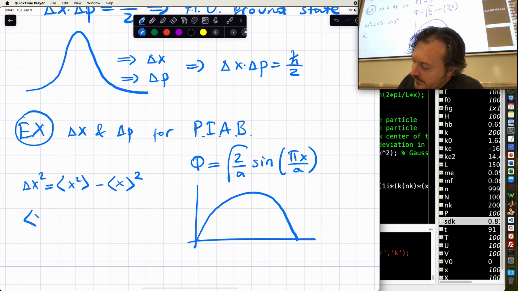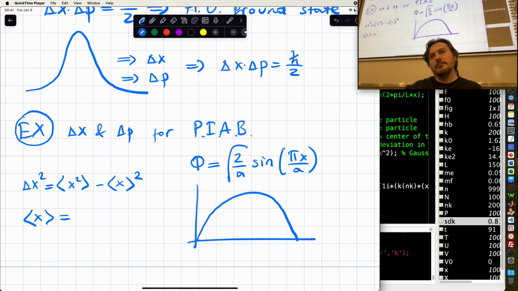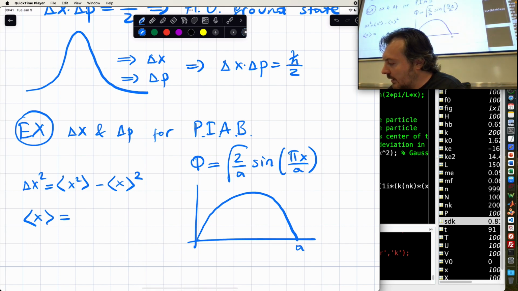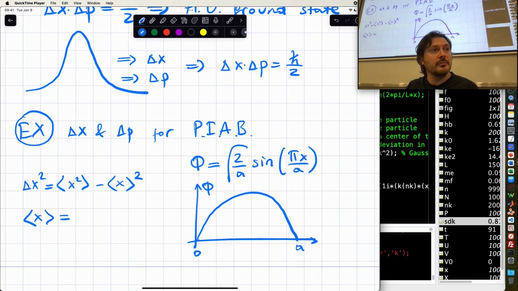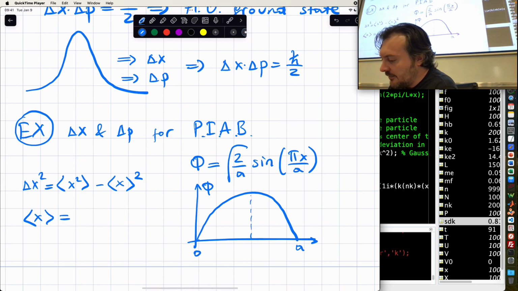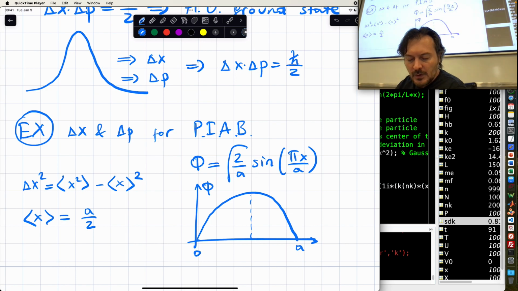Can you tell me what this is? Yes, by looking at the profile, just by looking at this. A over 2. Who said that? Thank you very much. So the expected average is at a over 2. Everybody agrees with this? Yes?